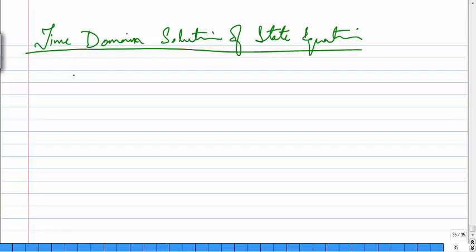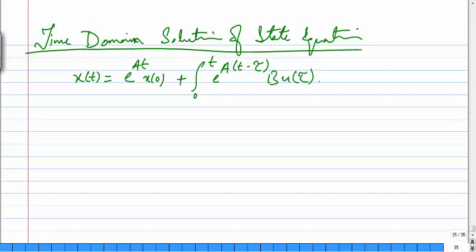So if I want to calculate x of t, it is equal to exponential A t x of 0 plus the integral from 0 to t of exponential A (t minus tau) B u of tau d tau.